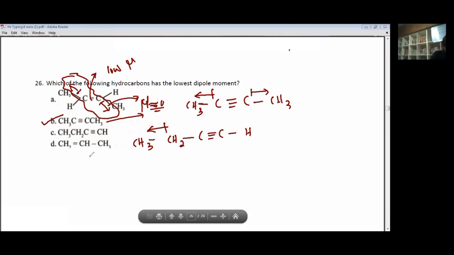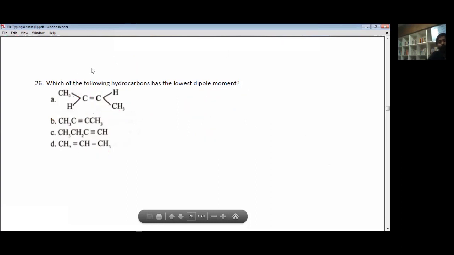Like that, here also, two hydrogens and a methyl, so a net dipole moment. So the one with a very low dipole moment is 26, and the answer is B. Move to the next question.